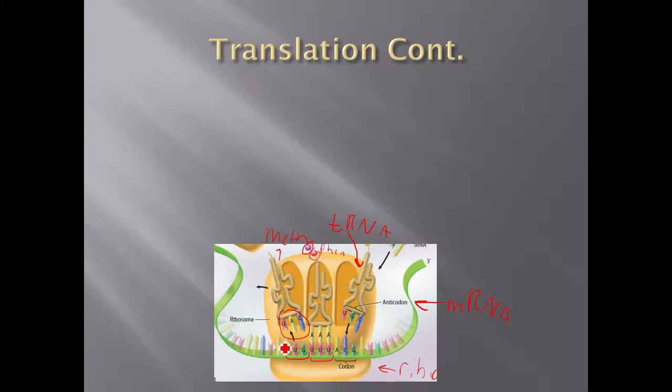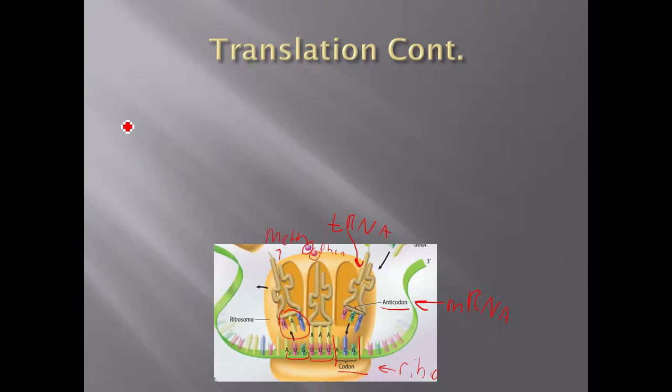Now, there's some key terms here you're going to have to know. First off is the word codon, and secondly is the word anticodon. The codon is the part of the RNA molecule that has the 3 letters that tell you what amino acid you want. The anticodon is the part on the tRNA molecule that is going to attach to the codon here. And that's how this works.